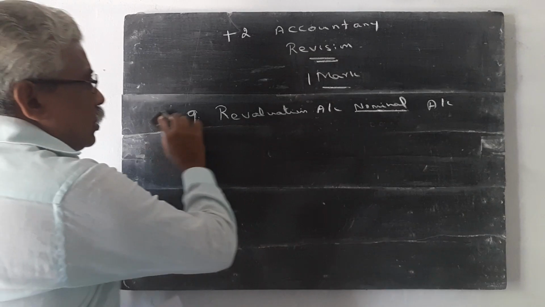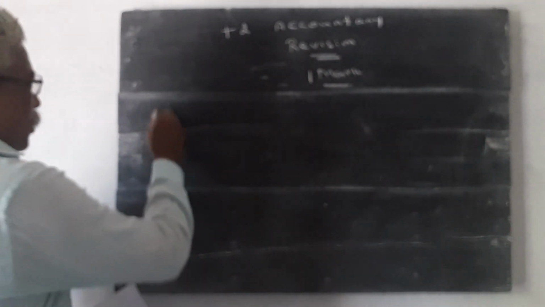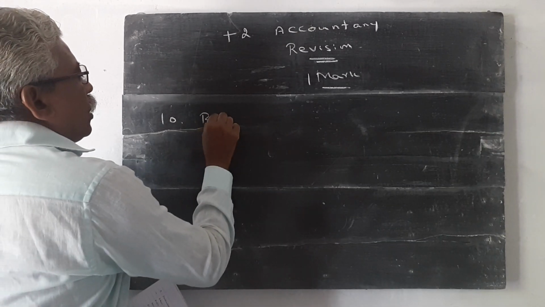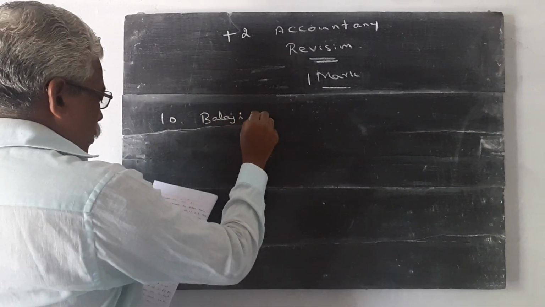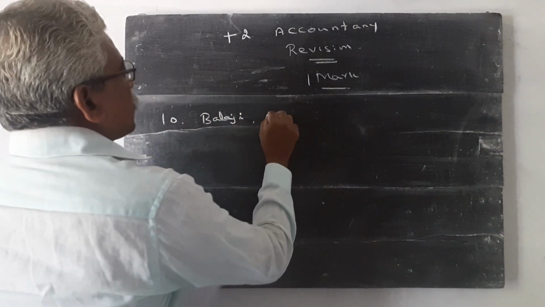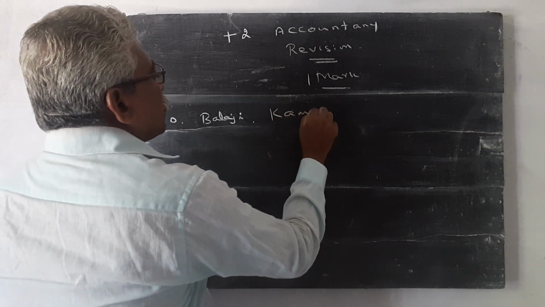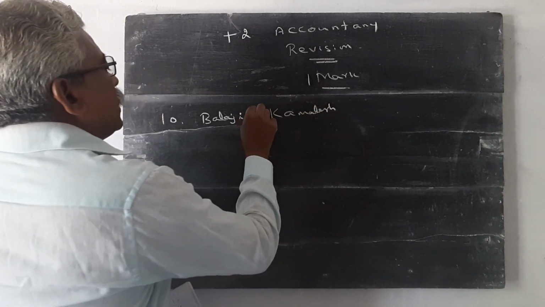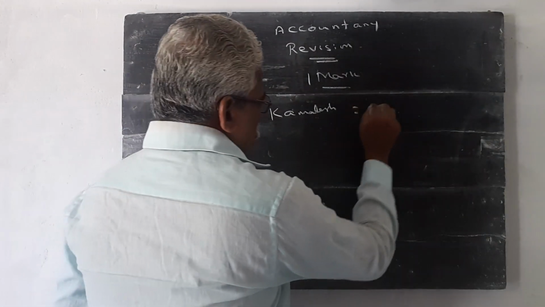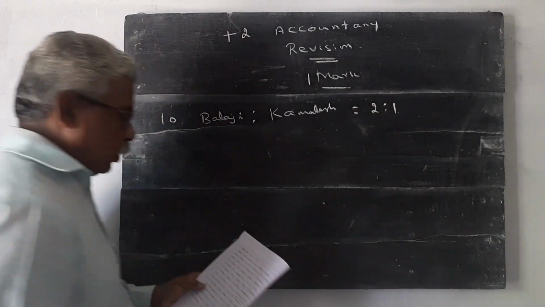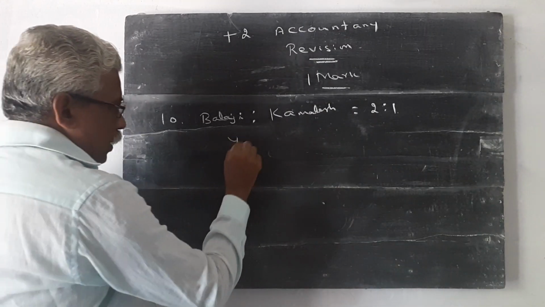Then question number 10. Balaji and Kamalesh are partners sharing profit in the ratio of 2:1. A new partner, Yogesh, is admitted.